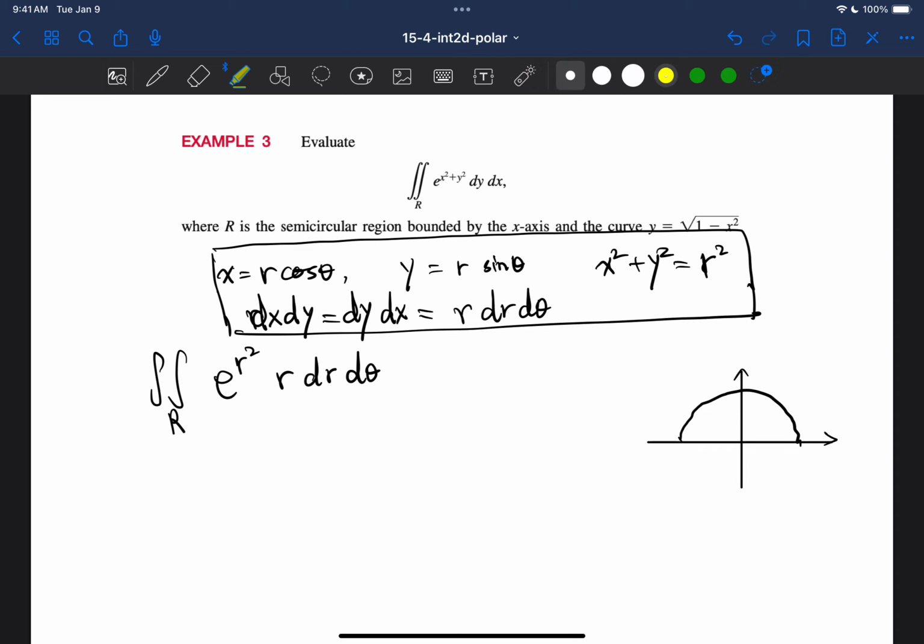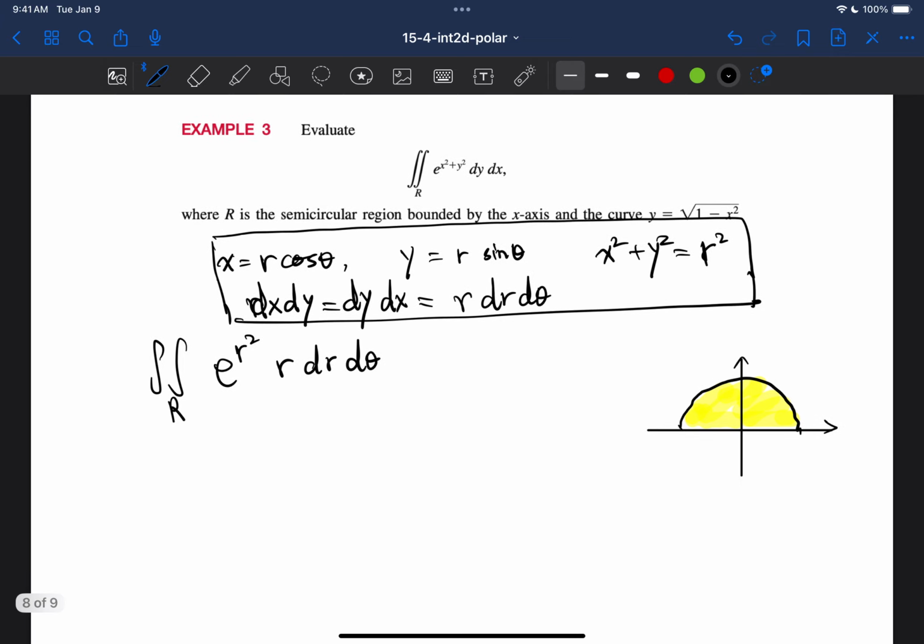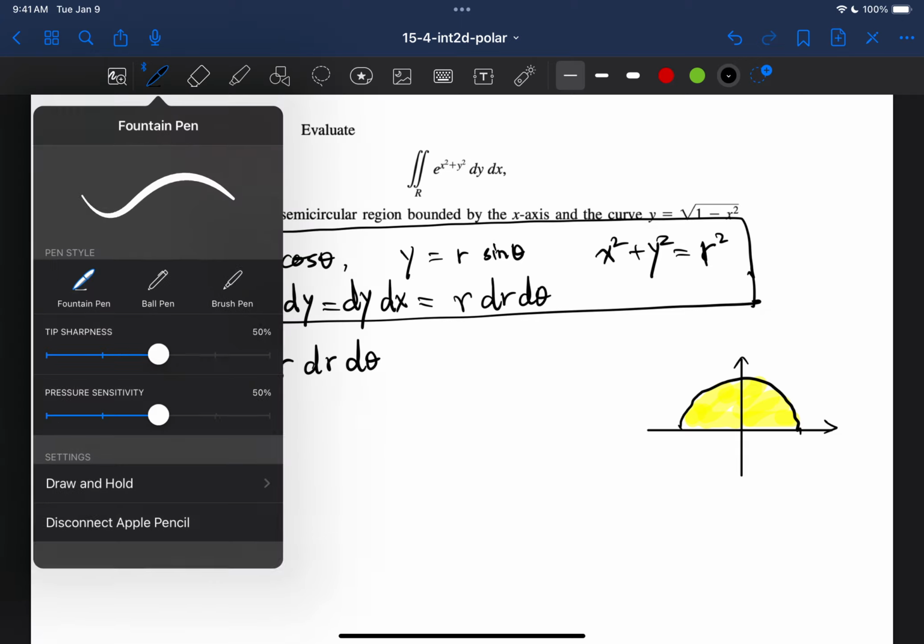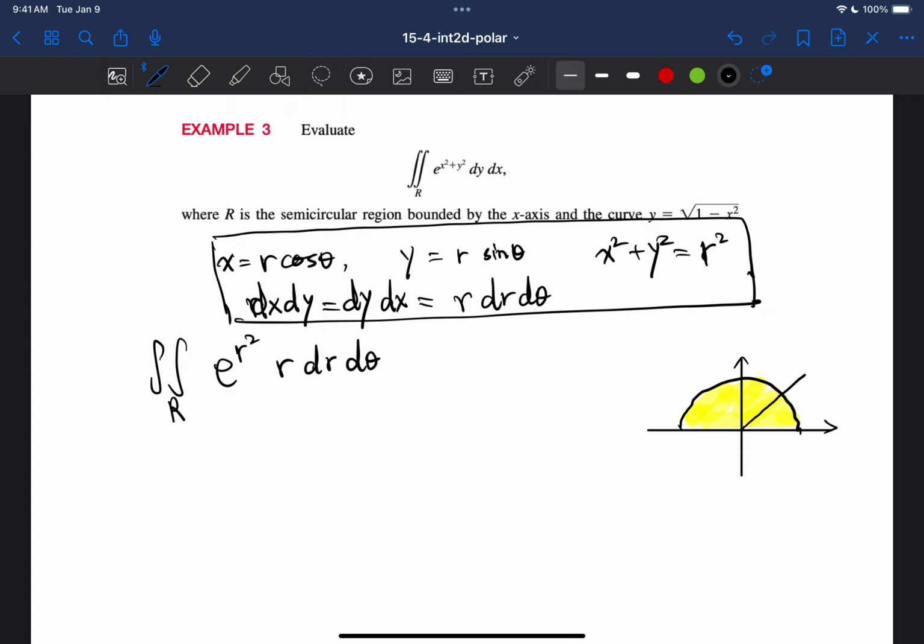So we look at this yellow part, which means if I shoot a beam in any direction, at the beginning it's already in the region, so r minus is 0, and r plus is the ending part. r stands for the distance from the point to the origin.